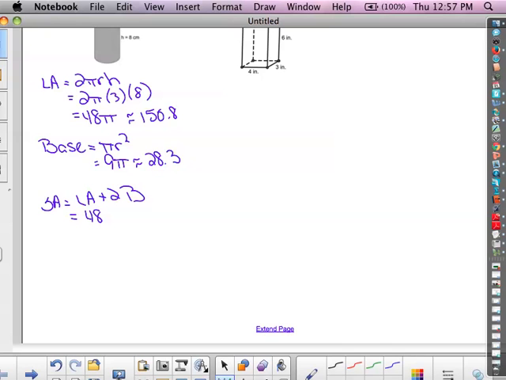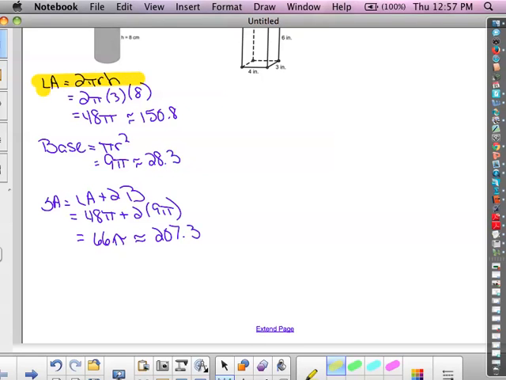So that's 48 pi plus 2 times 9 pi, which is, let's see, 66 pi, which is approximately equal to 207.3 for the cylinder. So remember, you're finding specific parts.